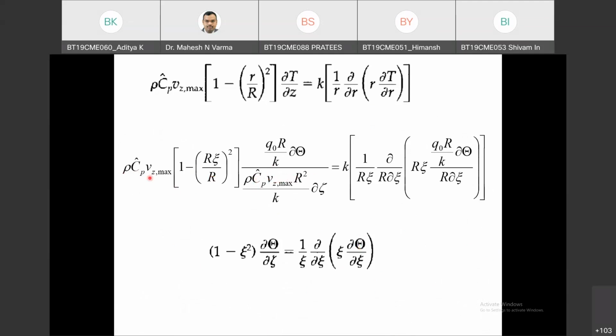This R squared will cancel with everything, and you will get 1 upon epsilon squared d theta by d zeta. That will equal, this K will get cancelled with this K, 1 upon epsilon d by d epsilon of epsilon d theta by d epsilon. This is what you should get.